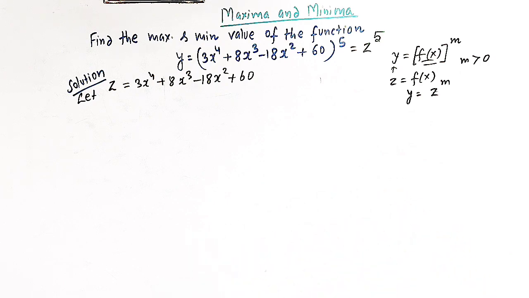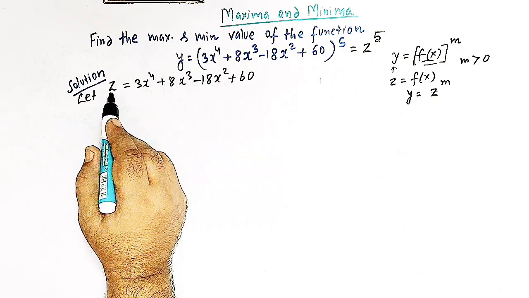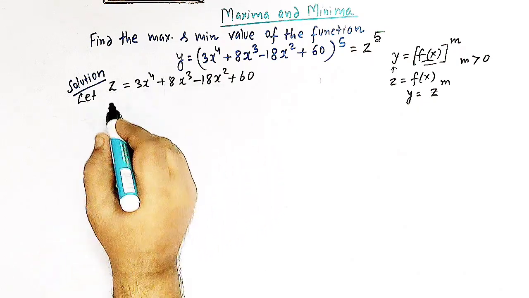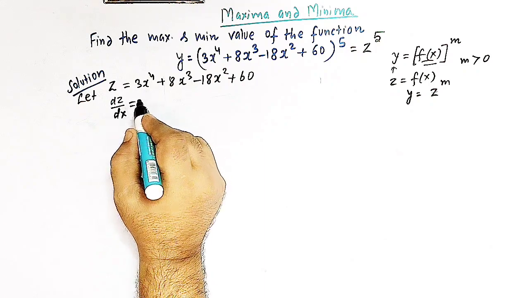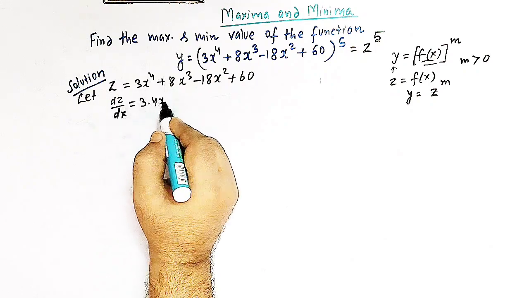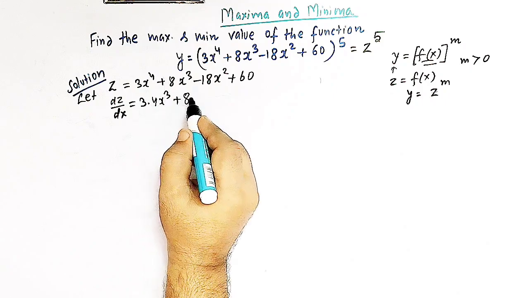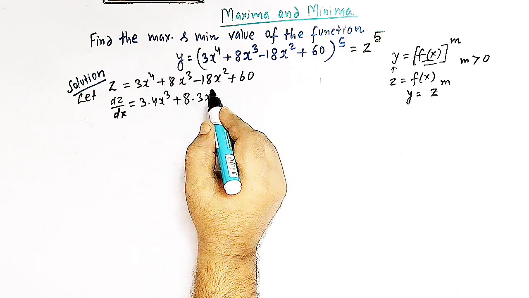And here I will make use of the second derivative test. So let us first differentiate z with respect to x. So dz over dx is given by 3 times the derivative of x^4, which is 4x^3. Then here we have 8 times the derivative of x^3, which is 3x^2.